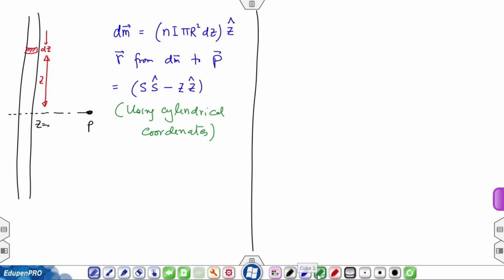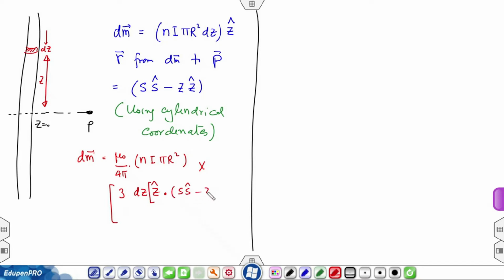So, I can write now dB at this point as mu 0 over 4 pi, n I pi r square that I am taking from dm, times 3 dz z dot (s unit vector minus z unit vector) times (s minus z), minus dm, which is nothing but dz z, but I am going to divide by the power 5.